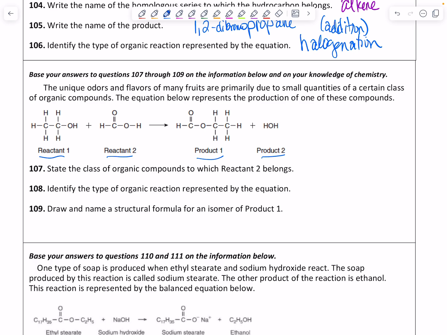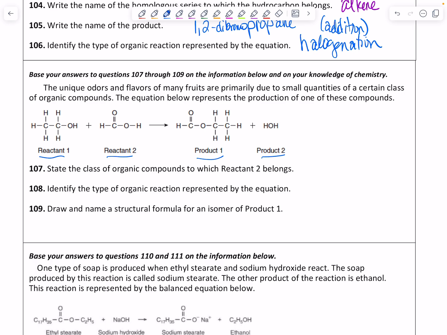All right, last one for here. Draw and name a structural formula for an isomer of product 1. So product 1 is this one right here. And so if I think about what the molecular formula is of that, I see 3 C's. So C3, H, 1, 2, 3, 4, 5, 6, and then O2, okay?